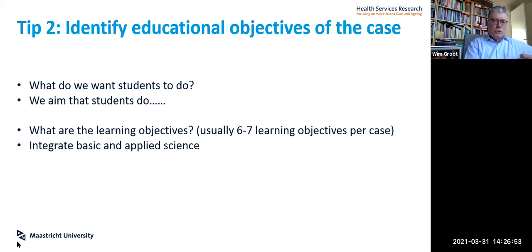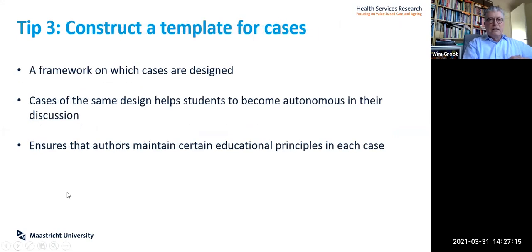And these learning objectives again should integrate basic science and apply it to real world problems, so it also becomes a form of applied science. So that's the second tip. We move to the next slide.